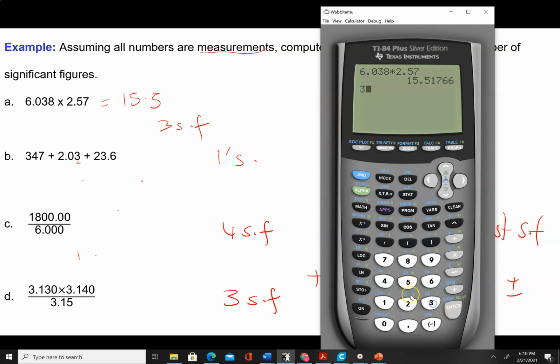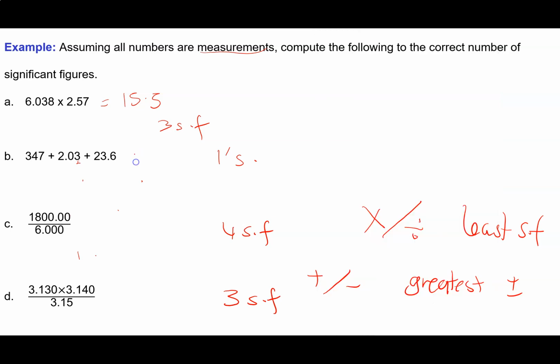Next number, 347 plus 2.03 plus 23.6. Enter. Now we got to go to the ones. So 372.6. So we're going to round this off to 373, right? Because 6 is bigger than 5. So 373.